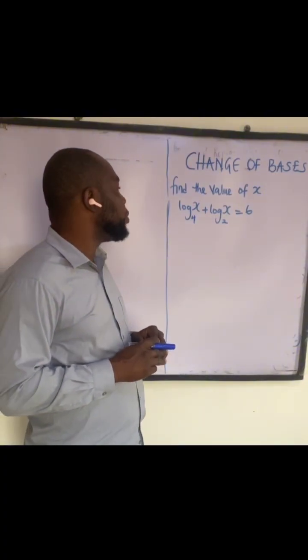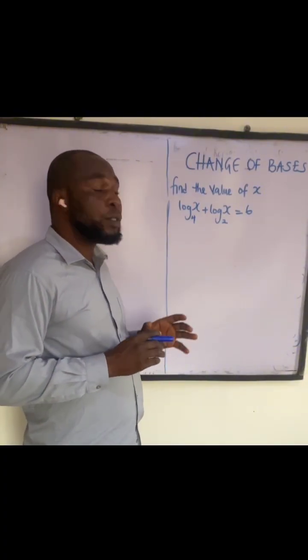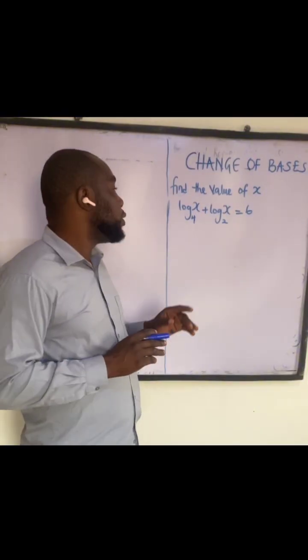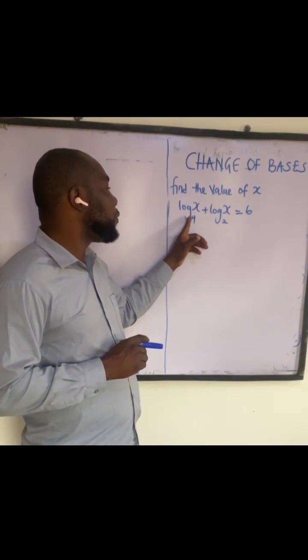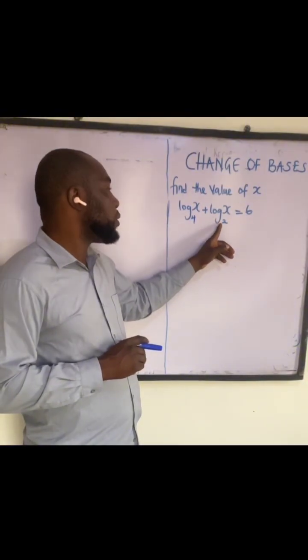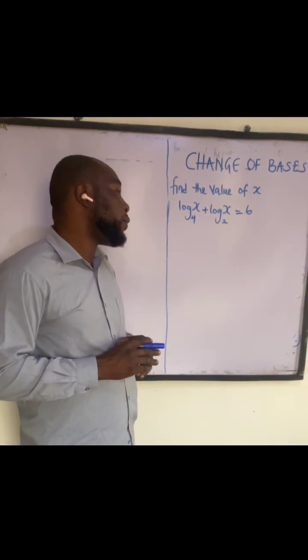So the next thing to do is to convert their bases to be the same, in such a way that the base of the first log will be equal to the base of the second log so that we can simplify further.